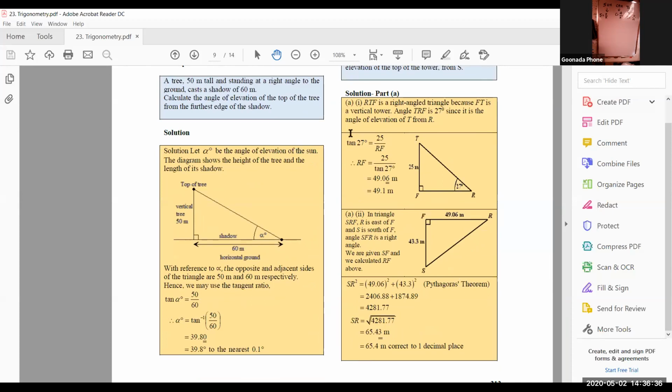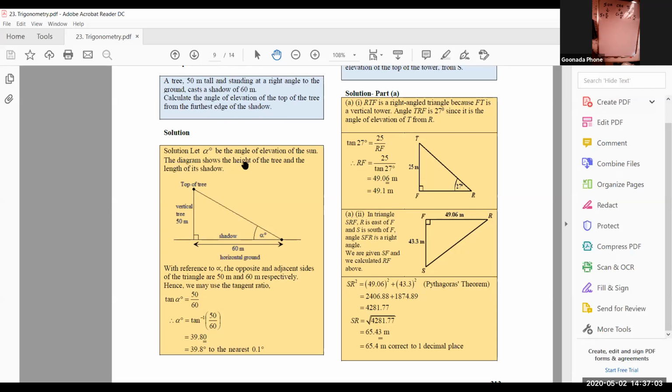A tree 50 meters tall and standing at a right angle to the ground casts a shadow of 60 meters. Calculate the angle of elevation of the top of the tree from the furthest edge of the shadow. So let's look at the solution here. Let A be the angle of elevation of the sun.